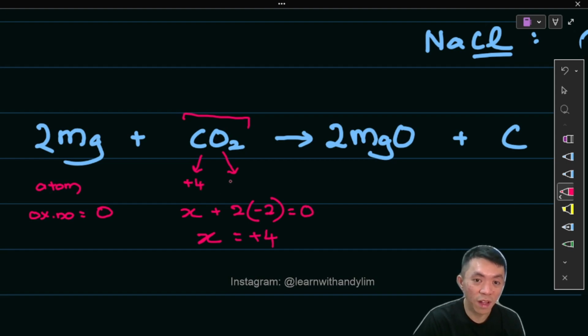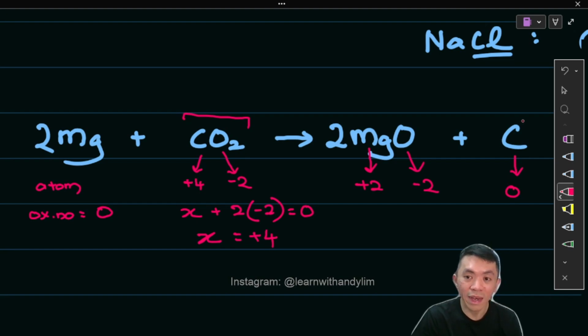Oxygen, just by itself, is -2. Then I can do the same thing here. Magnesium is going to have an oxidation number of +2. Oxygen will have an oxidation number of -2. Carbon, on the other hand, will have an oxidation number of 0 because it is now an atom, an element, right here.